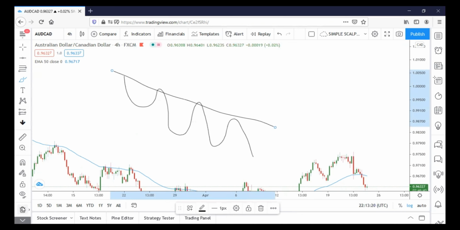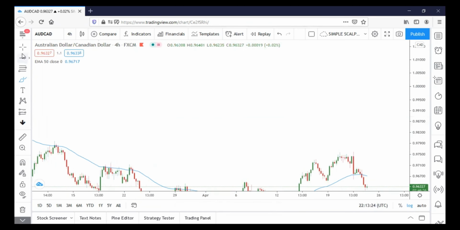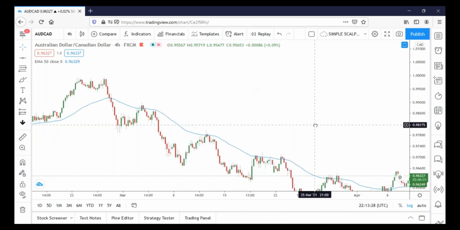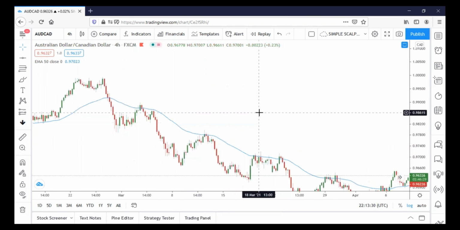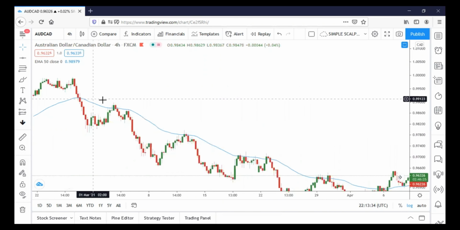I have my 50 exponential moving average plotted in the chart right now. You will agree with me that whenever you see price below the 50 EMA, this tells us that price is on its way down.